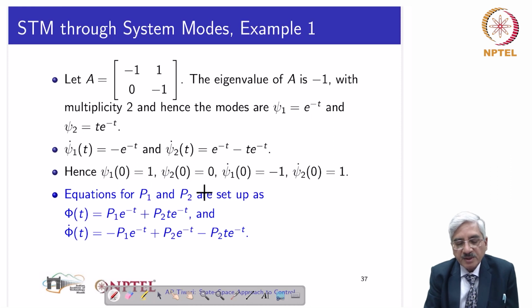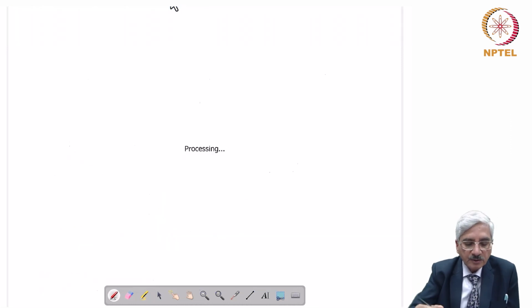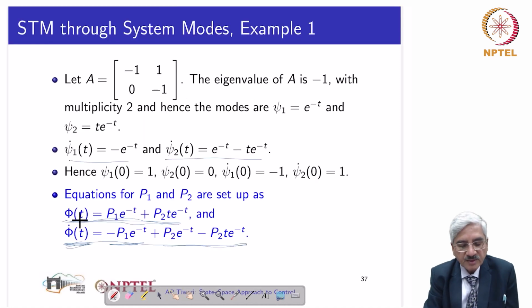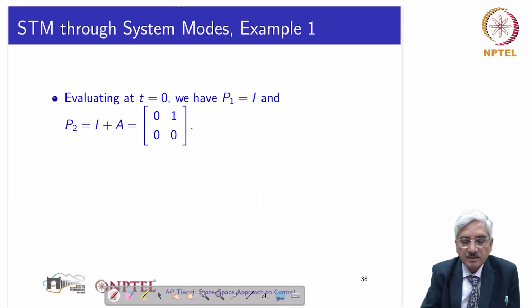So we get the expression P1 psi 1 plus P2 psi 2 equal to phi. And phi dot will be P1 psi 1 dot plus P2 psi 2 dot. So we get phi dot equal to, substituting psi 1 dot and psi 2 dot, this. This we have to evaluate at t equal to 0. So the first one gives phi 0 equal to P1 into 1 plus P2 into 0, or P1 will be phi 0, which is the identity matrix.